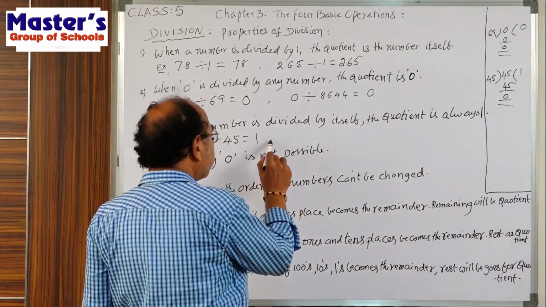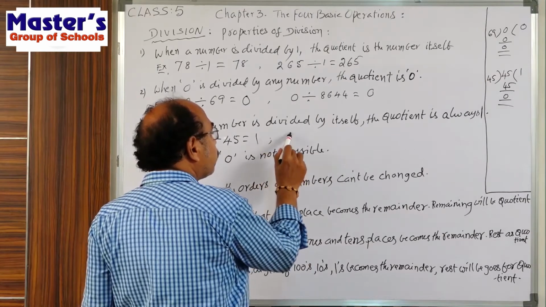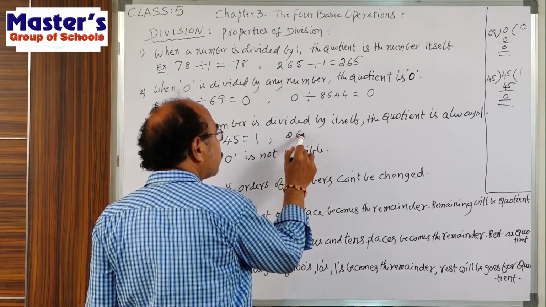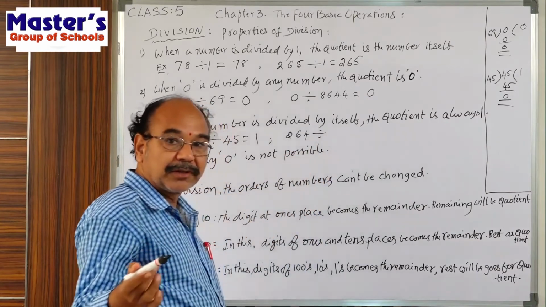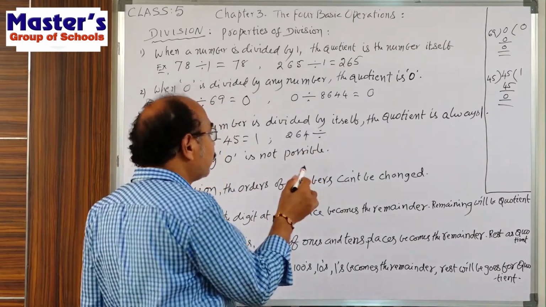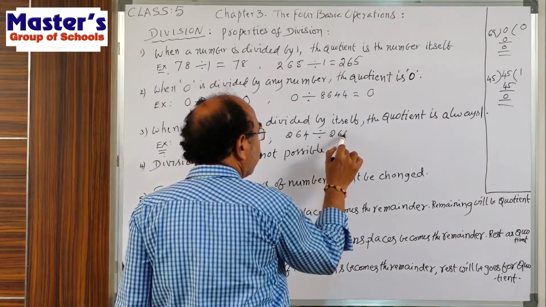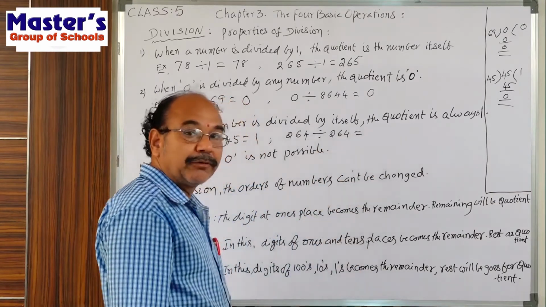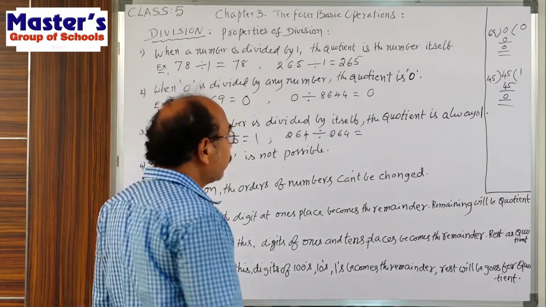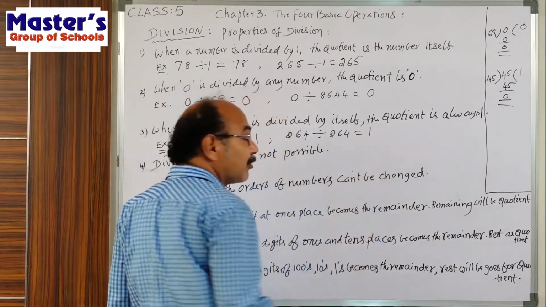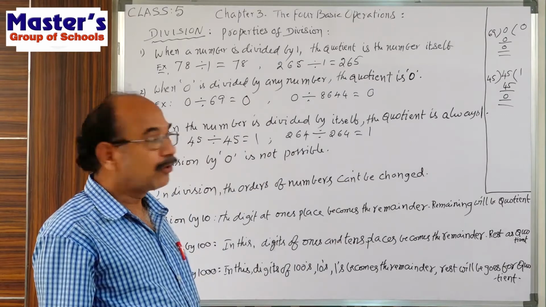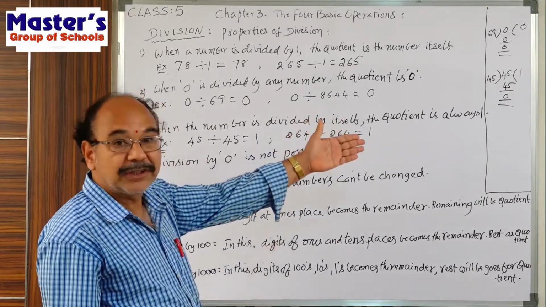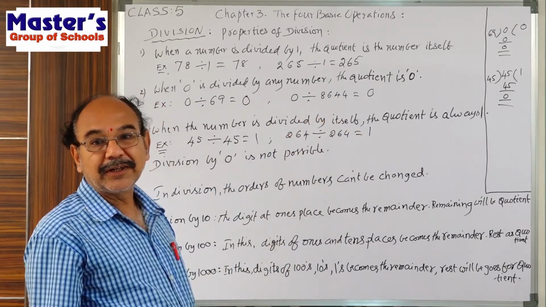Suppose one more example, children. 264. Divide this with itself. 264 divided by 264. Then what do we get? 1. 264 ones are 264. The quotient is always 1 only.